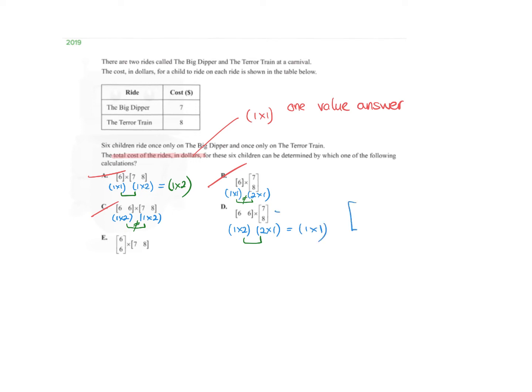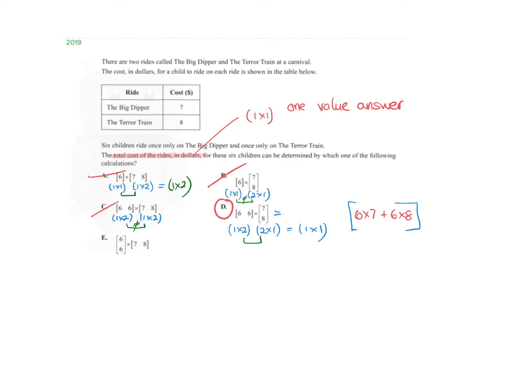If we multiplied these, we'd end up with this 1 by 1. So let's see how we would calculate that. It would be 6 times 7 plus 6 times 8. And that makes sense. That's what we want to do, isn't it? 6 kids rode the Big Dipper for $7. So you do 6 times 7 plus their 6 times they rode the other one, 6 times 8. Okay, so yep, this one ends up being our answer.